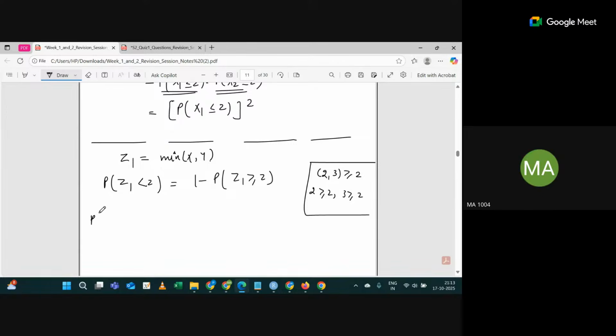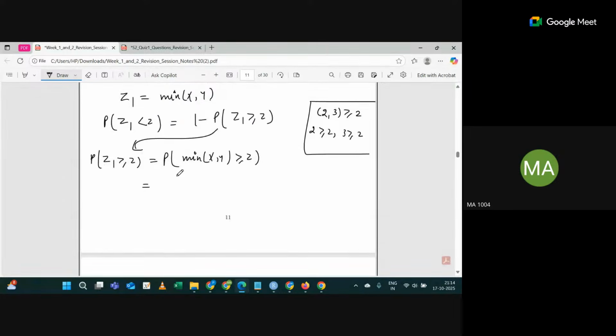So if you want to calculate probability z1 is greater or equal to z, I can write probability minimum of x comma y is greater or equal to z. Since we are dealing with x1 and x2, I can write probability x1 is greater or equal to z and x2 is greater or equal to z.